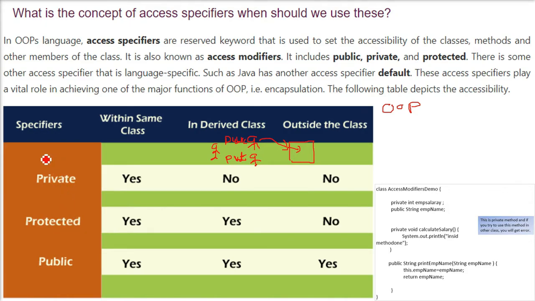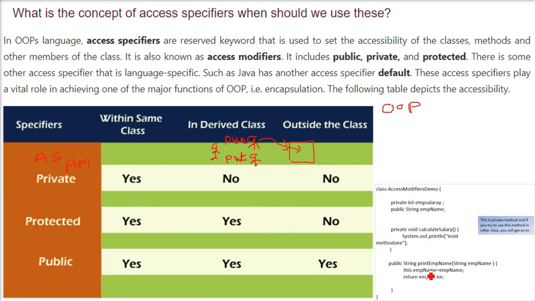They include public, private and protected. These are keywords. Protected is all about when you use inheritance. So these are the three access specifiers or modifiers: public, private, protected.